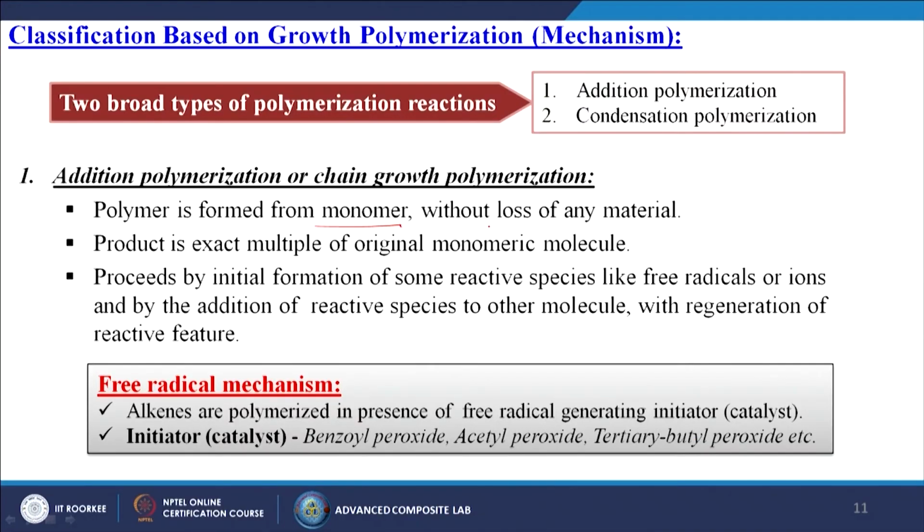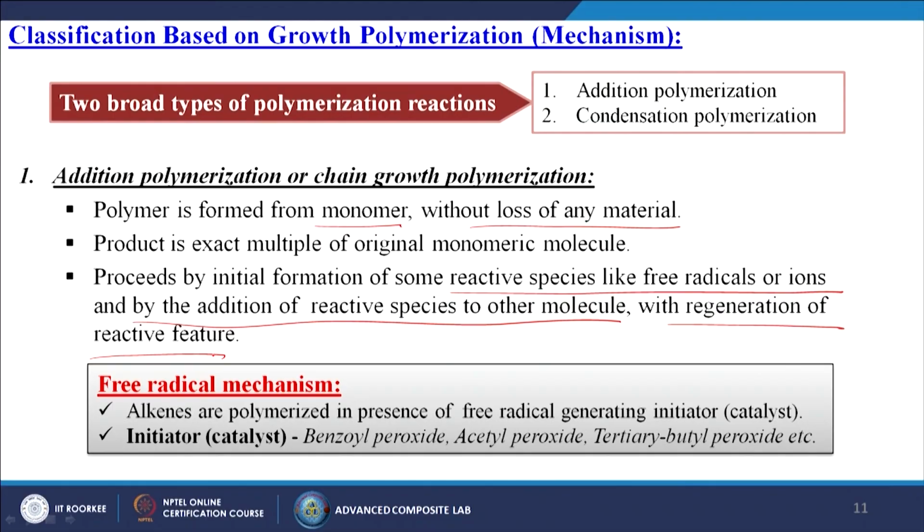In this case, polymer is formed from monomer without loss of any material. Product is an exact multiple of the original monomeric molecules, and proceeds by initial formation of some reactive species like free radicals or ions, and by the addition of reactive species to other molecules with regeneration of reactive features.